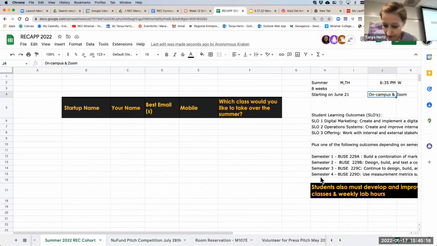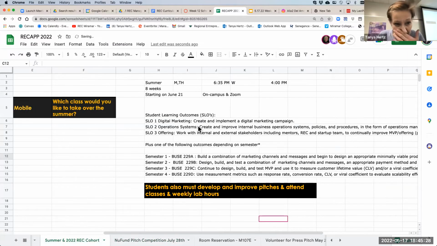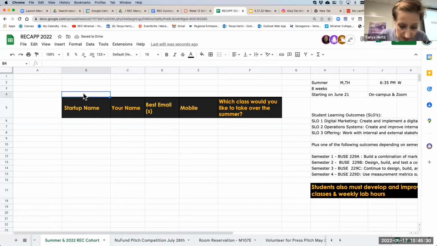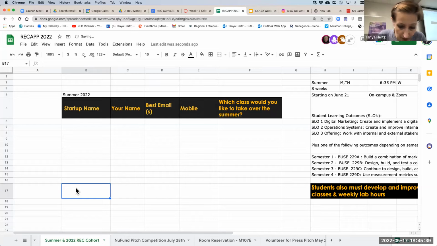You also need to update in the recap form whether or not you want to take rec classes over the summer. Actually, let's make this summer and fall. We'll start with a summer interest list, so if you're planning on enrolling over the summer, put your information here under summer 2022, and down here under fall 2022.